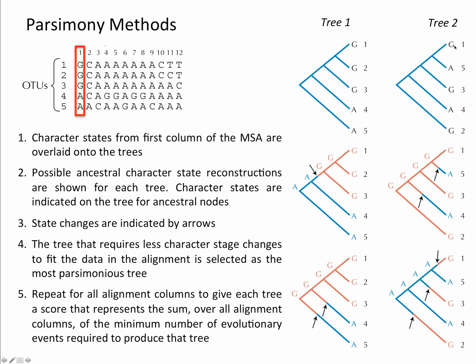If we want to reproduce this, we have to change here and also here, and the same for these three. When a change is required to modify the character of the ancestral node, we indicate it with an arrow. Here we need to modify here and here, here, here, and here, and here.